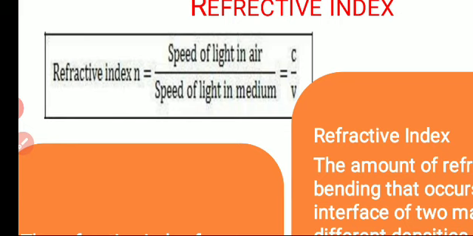For glass, the value of refractive index varies from 1.5 to 1.9 depending upon the constituents of the glass fibers. Although the basic constituent of the fiber structure is silica, during the fabrication process we add some other materials along with the silica, which changes the refractive index of the glass fiber.